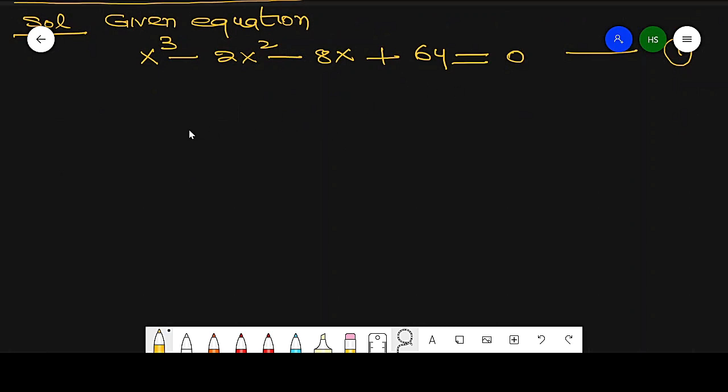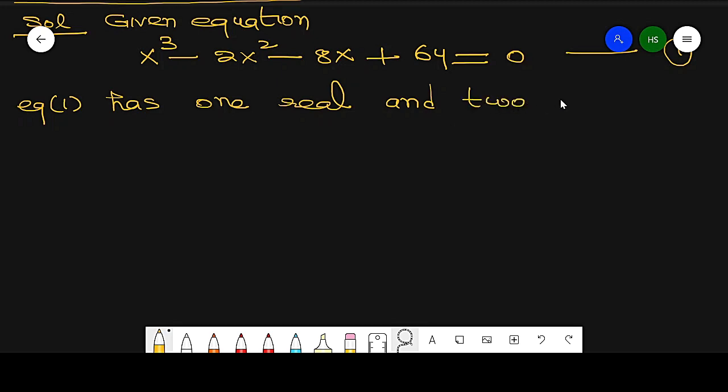So it means equation 1 has one real and two imaginary roots.